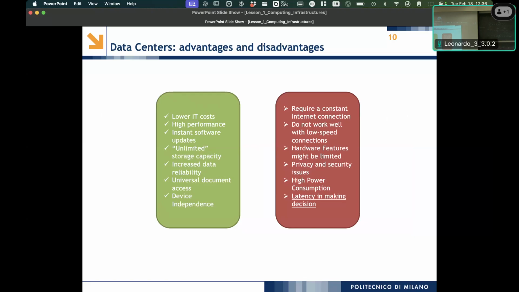The limitations are, we said, we require continuous connectivity to get access to the services and the data. These usually introduce a latency, and these two problems are the core of the edge computing continuum.